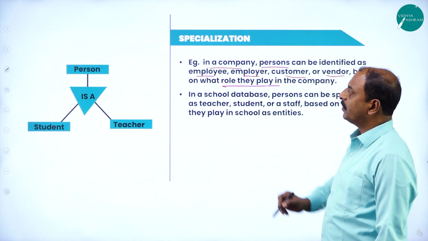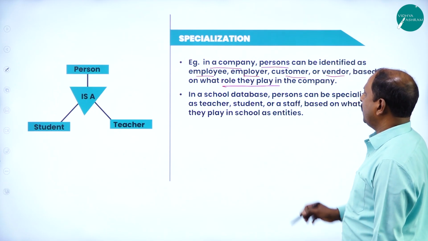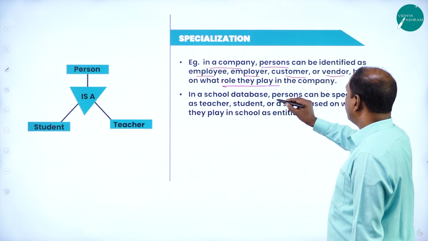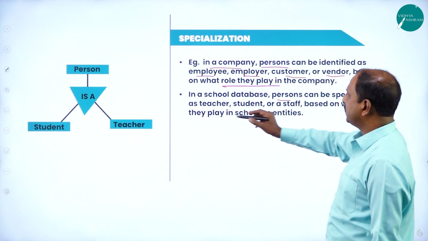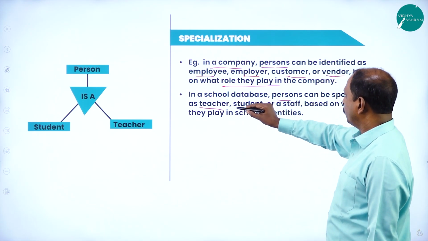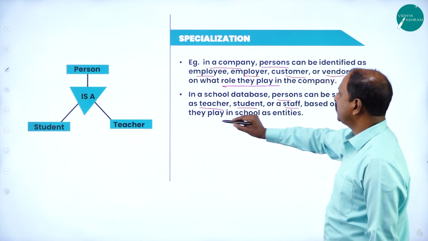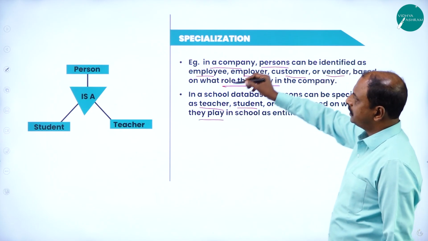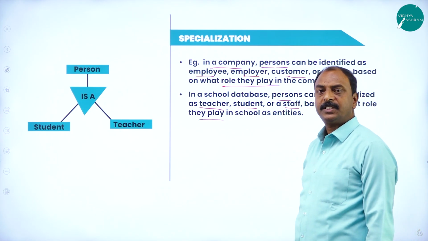So this is an example of specialization. And in a school database, a person can be specialized as a teacher or a student or a staff member based on their role. So this is an example of specialization.